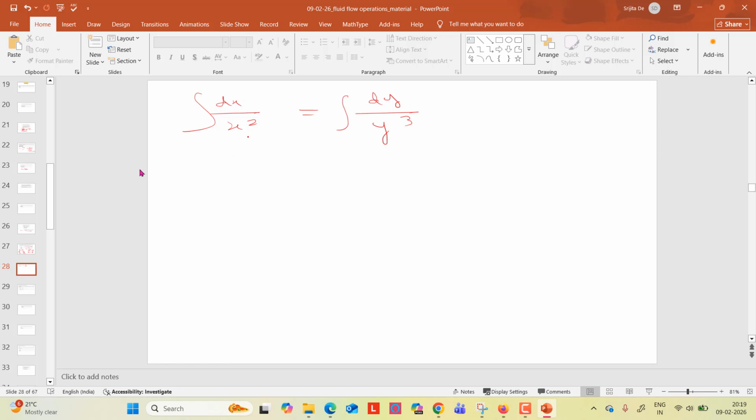So remember, x to the power minus 2 dx. So what is that? Minus x to the power minus 1 equals minus, like y to the power minus 3 plus 1, that is minus 2, divided by minus 2, plus c, right? So it is like minus 1 by x equals minus 1 by 2y square plus c.